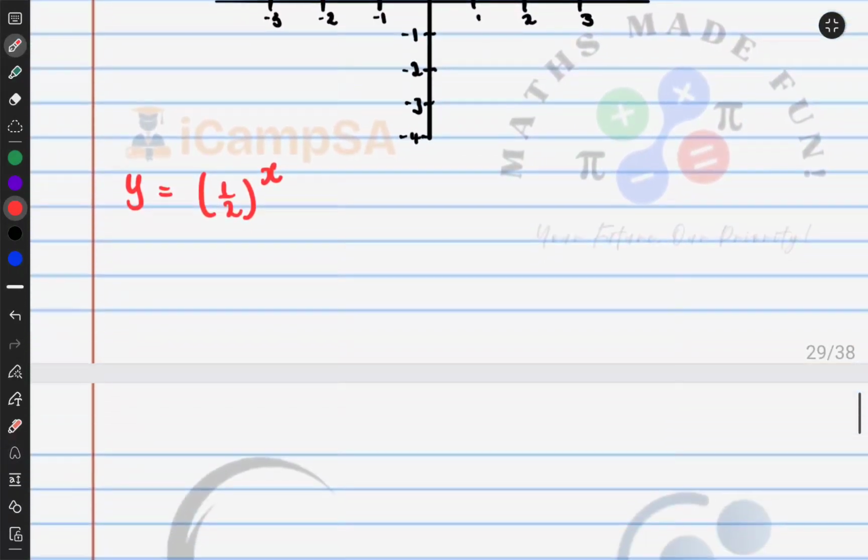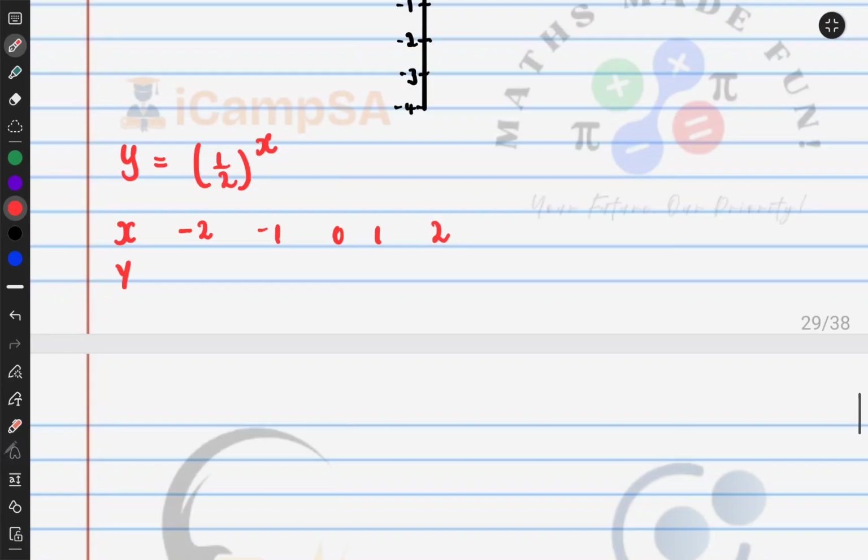Let's select some x values that we're going to use to sketch this function. Those are going to be -2, -1, 0, 1, and 2. Then let's find the corresponding y values. So 1/2 to the power of negative 2. I think it's going to be 2, but let's quickly double check.